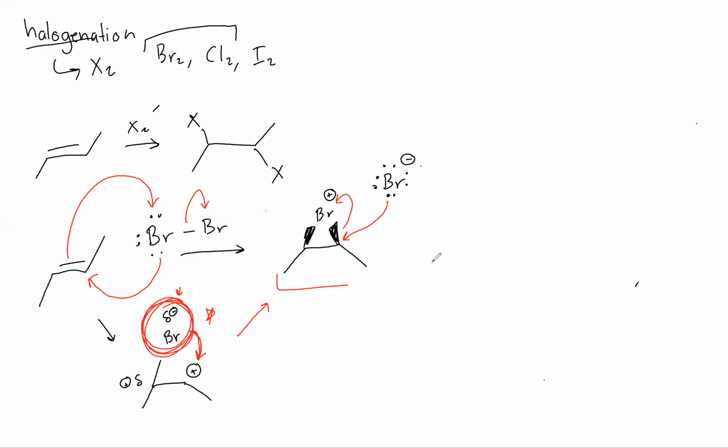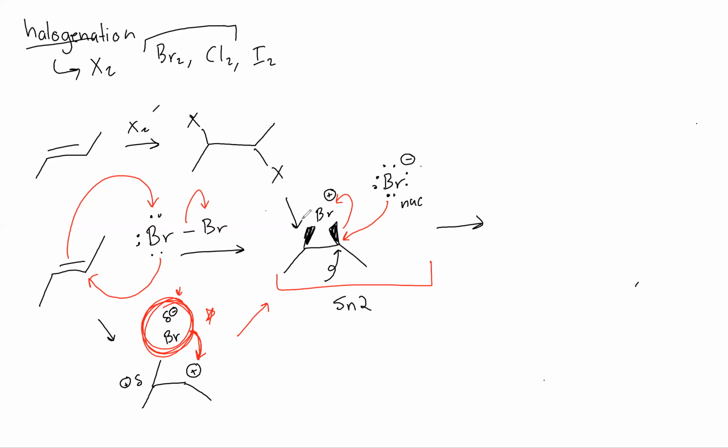This is analogous to SN2 because our leaving group is leaving at the same time as our nucleophile attacks. As a result, we're going to end up with inverted stereochemistry at that carbon.